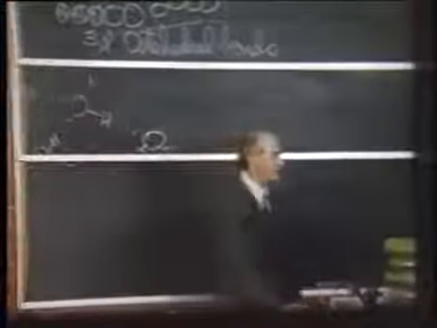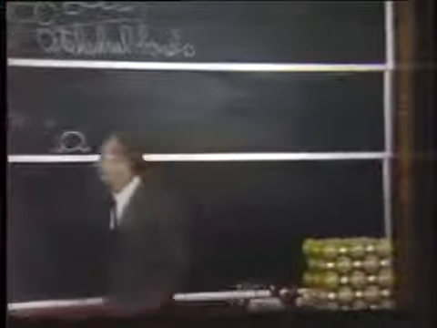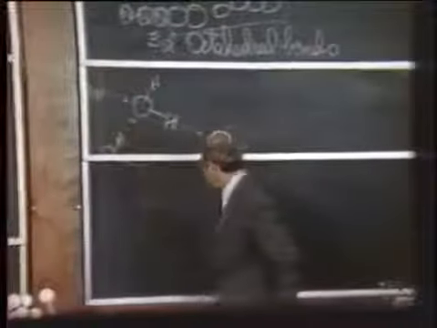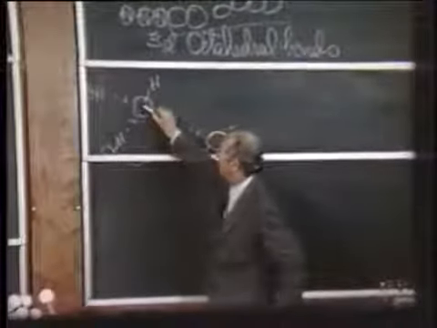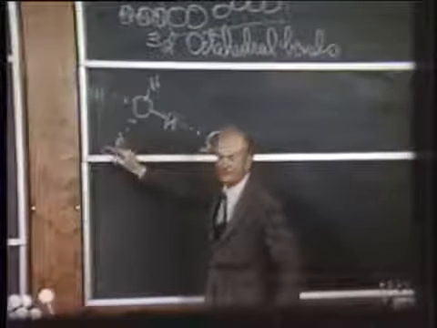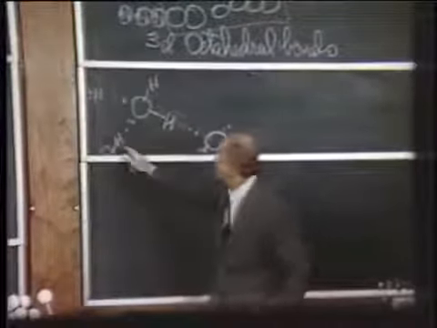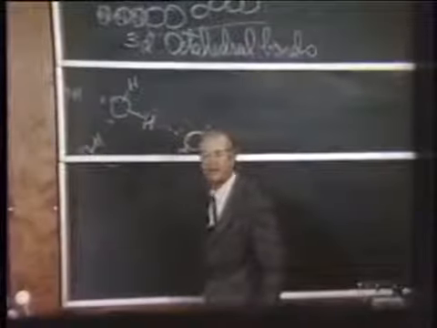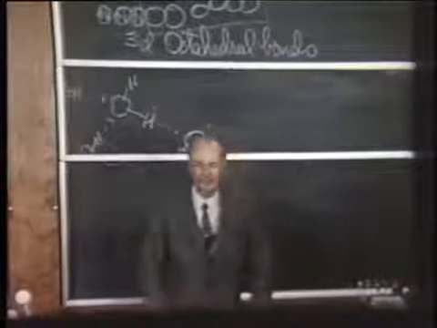In order that a hydrogen bond be formed, there must be available an electron pair, an unshared electron pair of one atom, and a hydrogen attached to another atom that is sufficiently electronegative so that there is some positive charge on the hydrogen atom.